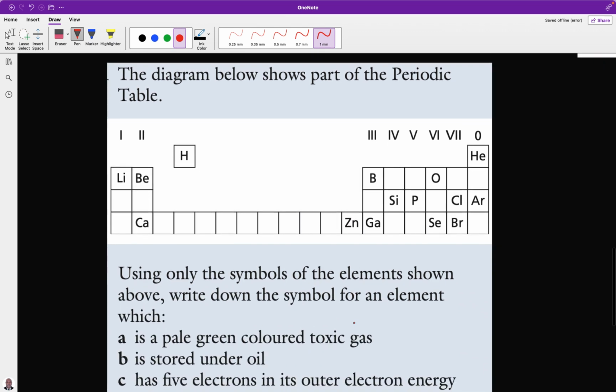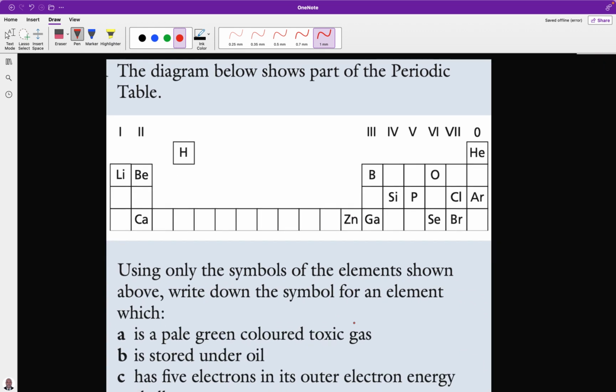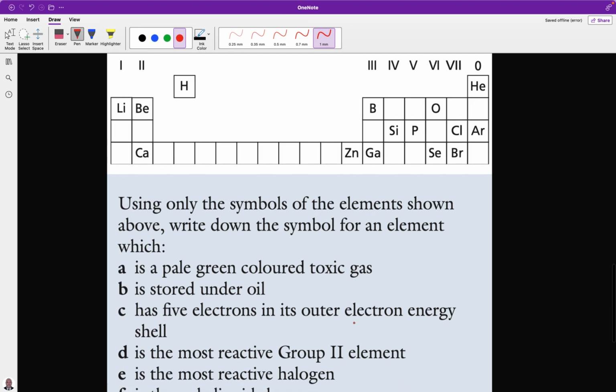The diagram below shows part of the periodic table. We have groups 1, 2, 3, 4, 5, 6, 7, and group 0. Some of the elements are given using only their symbols. Write down the symbol of an element which is a pale green colored toxic gas.